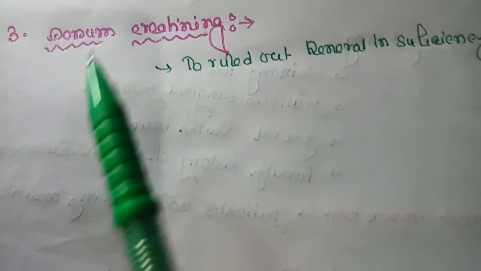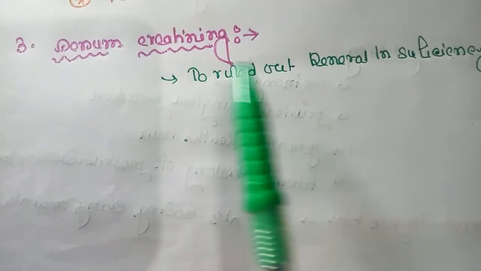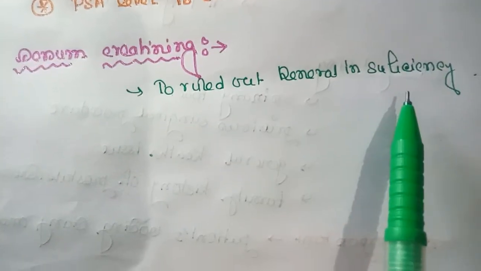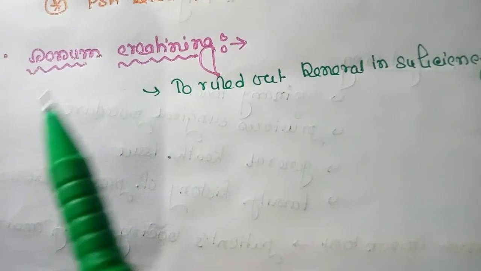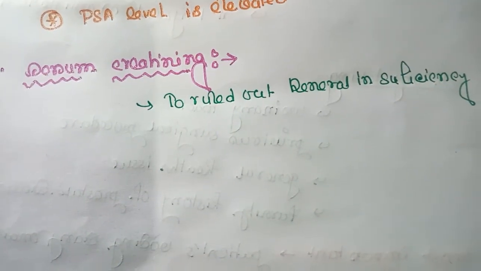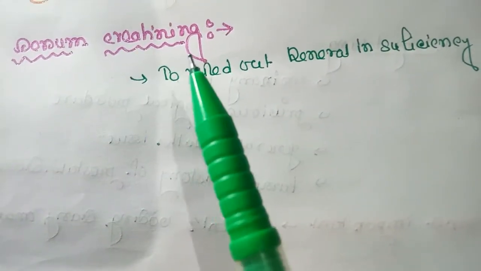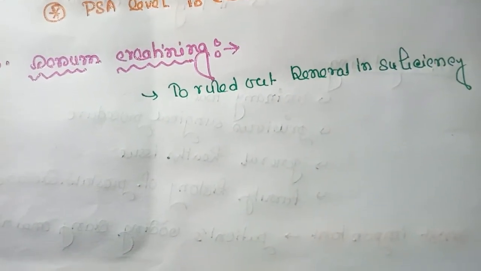Next, serum creatinine level may be ordered to rule out renal insufficiency. Because symptoms of BPH are similar to those of neurogenic bladder, a neurological examination may also be performed.